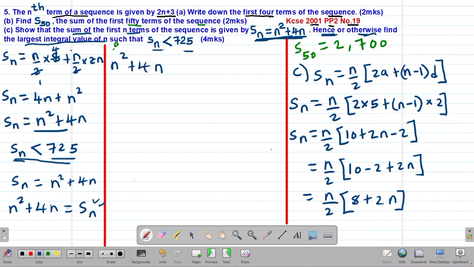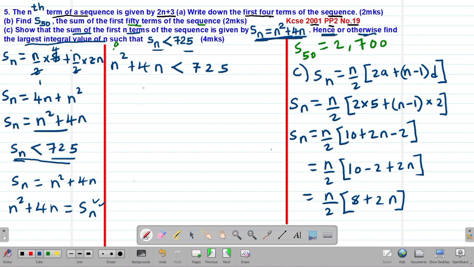Remember Sn is less than 725. So the equation will be n squared plus 4n is less than 725. I want to solve for n.